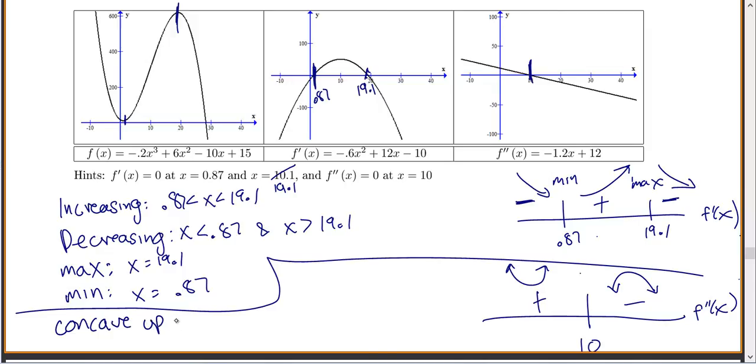So concave up for x less than 10, concave down for x greater than 10. Notice my concavity did change. Anytime your concavity changes, you have an inflection point at x equals 10. And that's what we can tell from the shapes of the graphs.